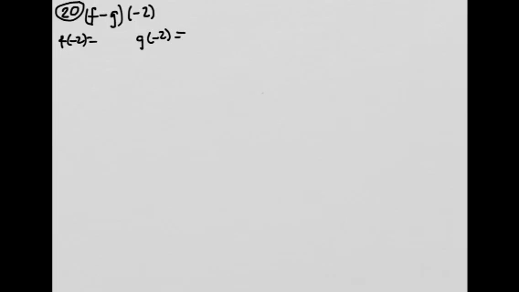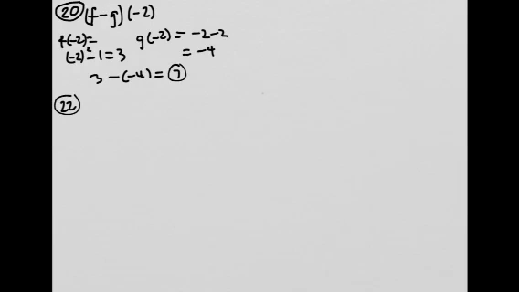So f of -2 means that I'm going to replace the x with a -2, so it's -2 quantity squared minus 1. So that's 4 minus 1, so that gives me 3. For g of -2, it's -2 minus 2, so that gives me -4. And so I have 3 minus a -4, so that gives me 7 as my answer.